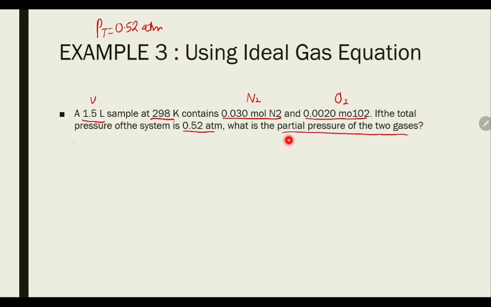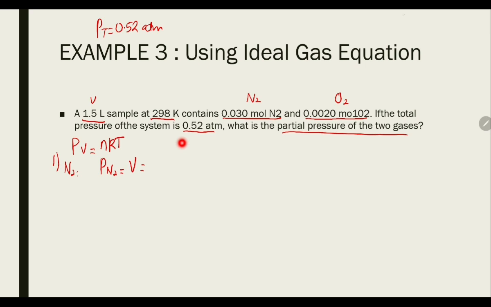Okay, so we're going to use PV equals nRT. Let's look for nitrogen, N2, first. I need to clean off this first.